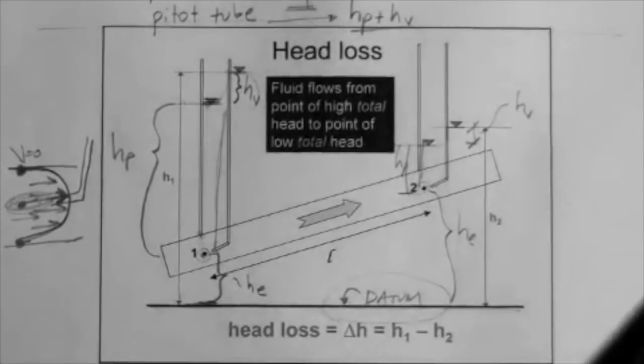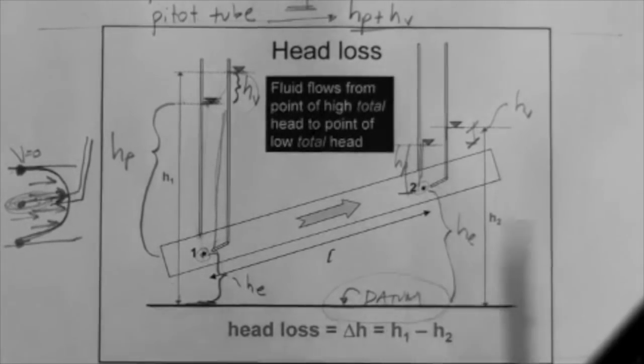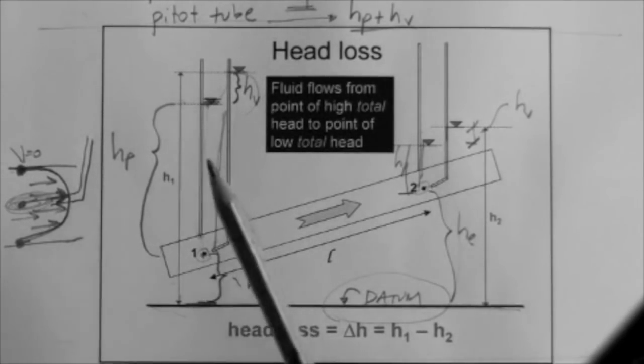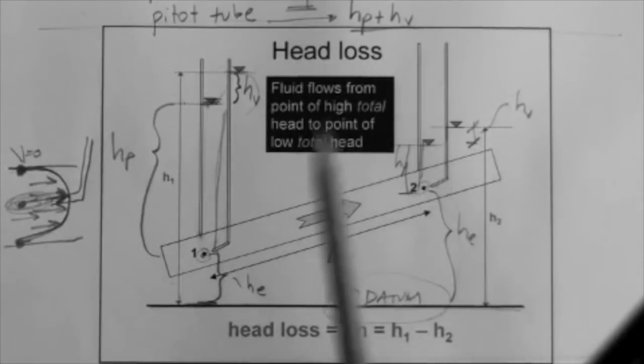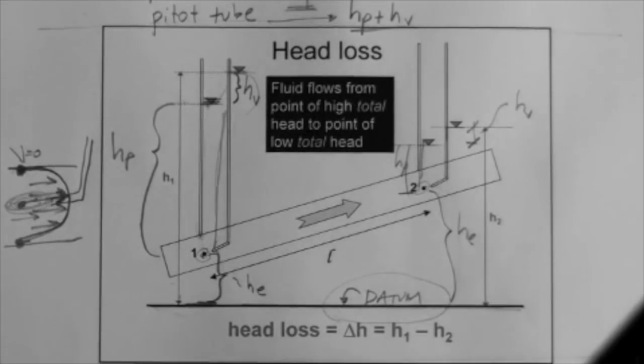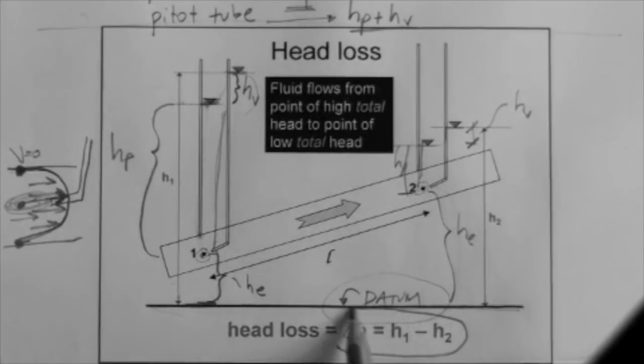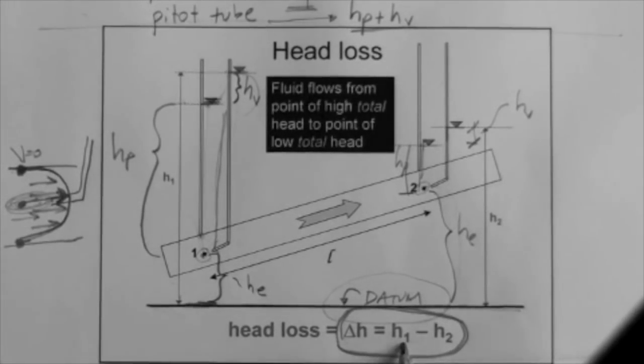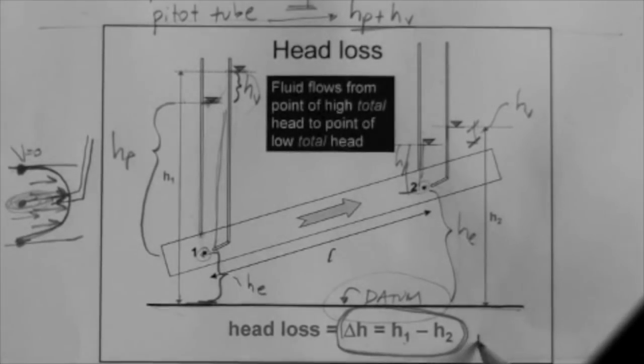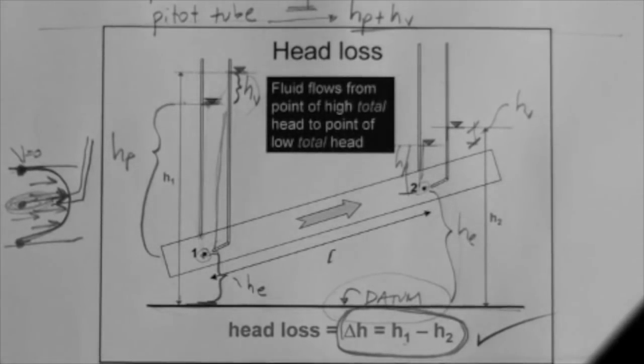Now, going back to the datum business. If you had selected another datum, then unless I made a mistake, the total heads would be different. But what would be the same, which is what drives the flow, is the delta H. It's H1 minus H2. This is what stands regardless of what datum you choose. So I'll say that again.